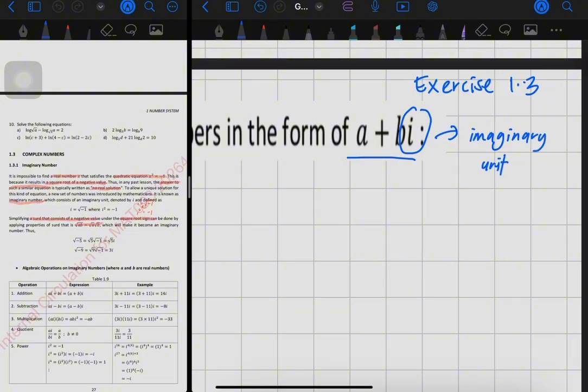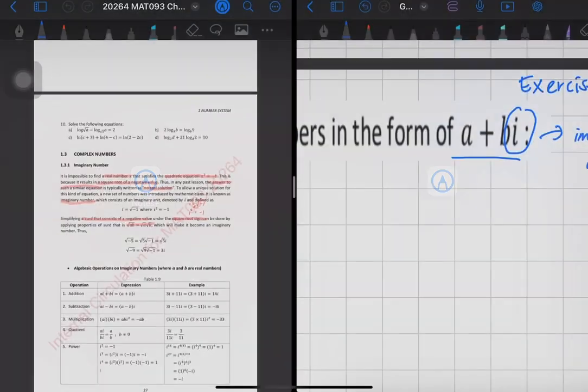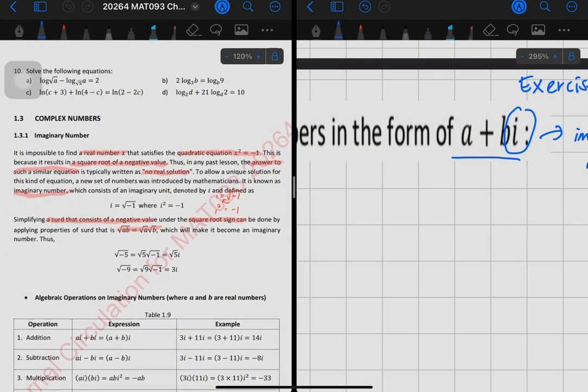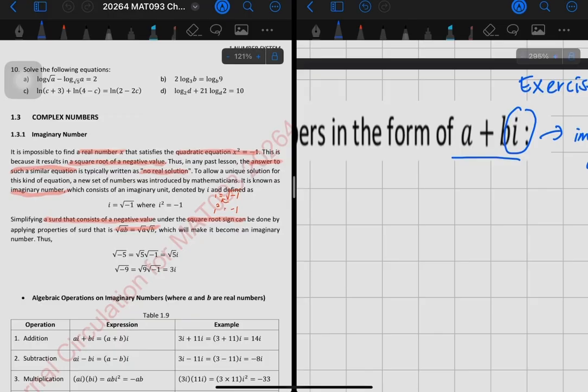This imaginary unit is used when there is no real solution. Look at the quadratic equation x squared equals -1. It is a square root of a negative value, so we define that as i, which is an imaginary unit.